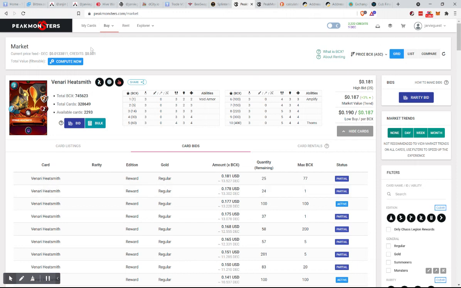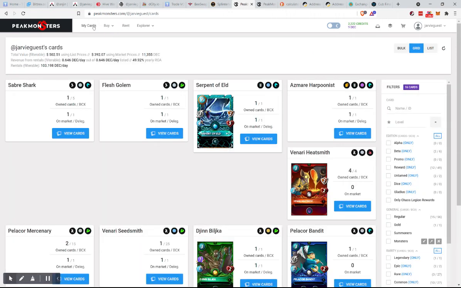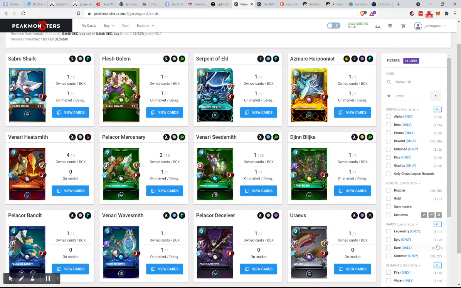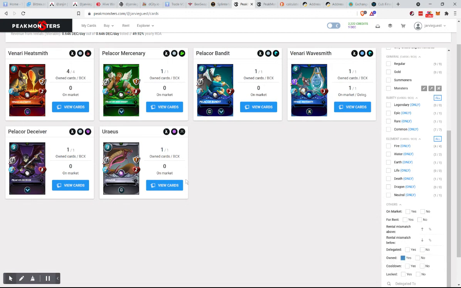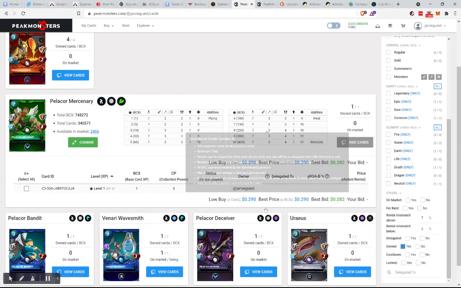Let's sell one of our cards real fast, okay? We got to go to owned cards. And I bet if we sell this dude, he's a good dude. I want him. Let's sell this dude for 282. So if I list him for 2.8, he's definitely getting sold, right?